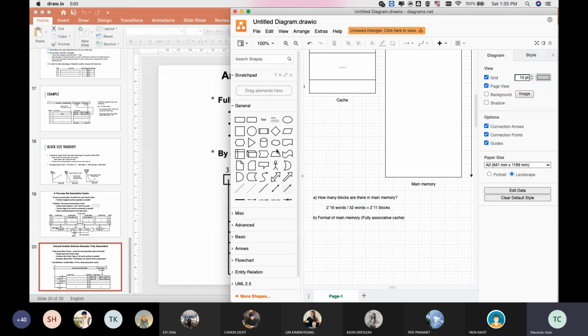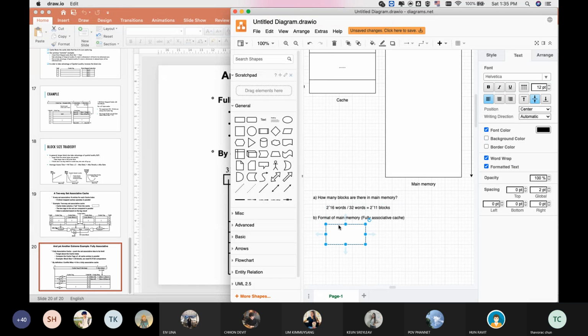So what you need to find is the size of your main memory address and the size of the byte select or the offset.